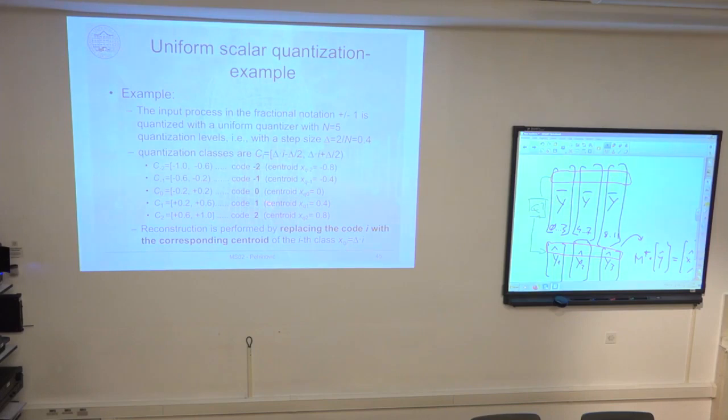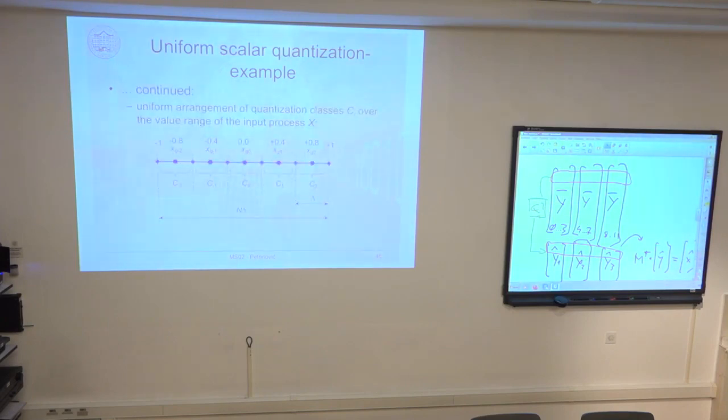For example, this range, minus 1 to minus 0.6, will be encoded with the symbol minus 2, and the centroid corresponding to this range is minus 0.8, the center of the range. So the central value from the range is the representative of the whole range.